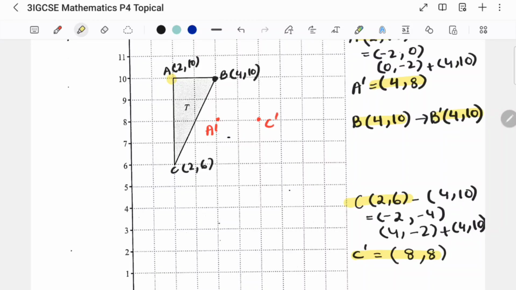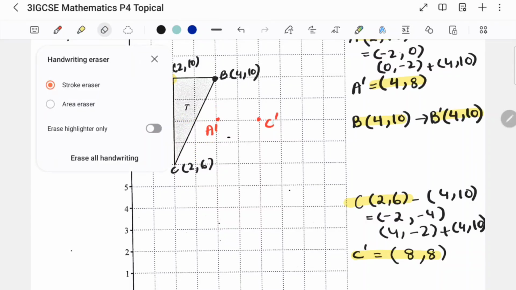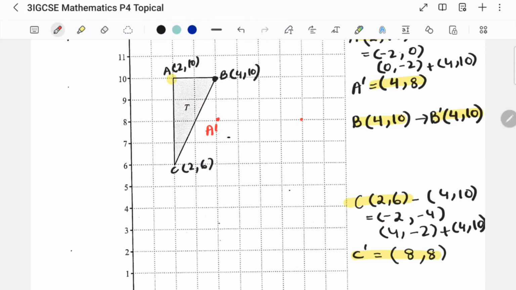Now try this one as well. So this is your C. Just wait, correct this C. I haven't plotted it right. Now this C is (8, 8). Yes, it's correct. Now try this one as well.